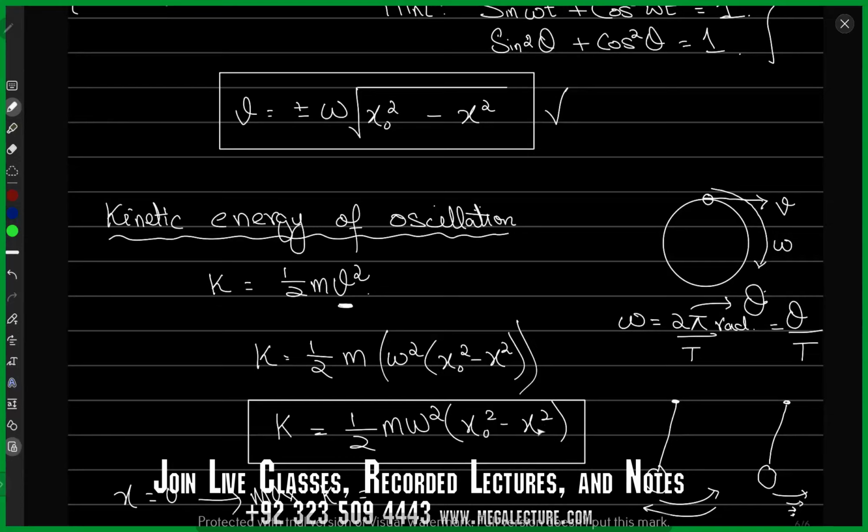In this equation, in place of x, I'll just put 0. So I'll be left with 1/2 m omega squared x naught squared, which is what you should expect, because x naught is the amplitude of the oscillation, meaning it is the maximum height of the oscillation. So a system gains the maximum kinetic energy when it is raised to some maximum height, so that all that potential energy is converted into kinetic energy, right? So that's the maximum kinetic energy of the system.